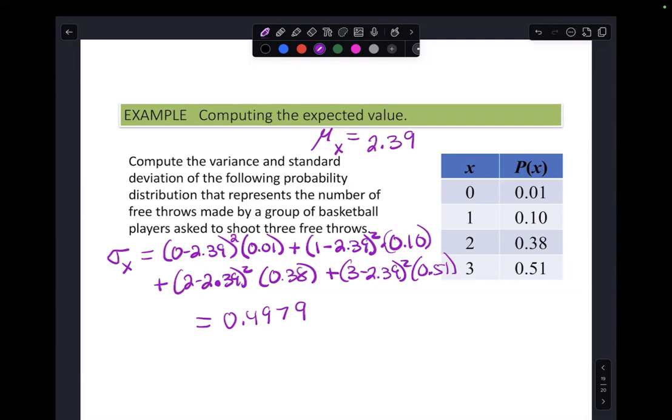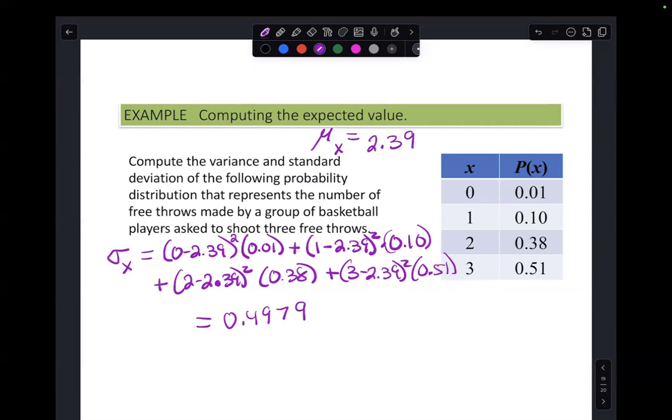So 2.39 plus 0.4979 and 2.39 minus 0.4979. So in 68% of the trials, he'll make between 1.9 and 2.9 baskets. That's basically what the standard deviation is saying. And I know that it doesn't really make sense to make 1.9 baskets, but it is what it is.